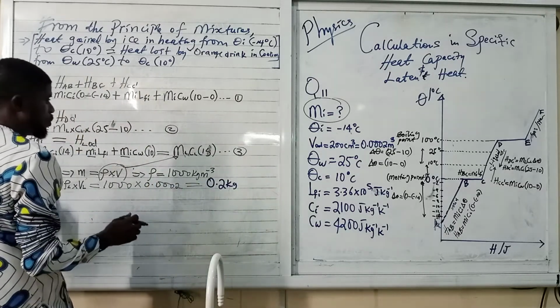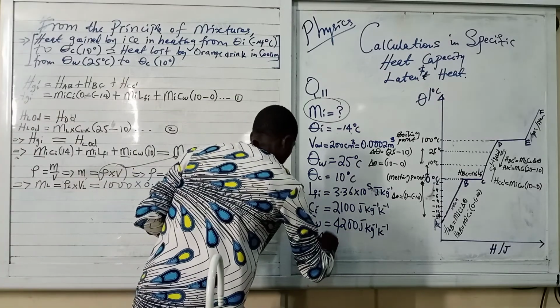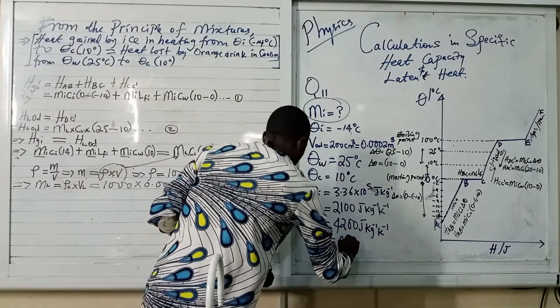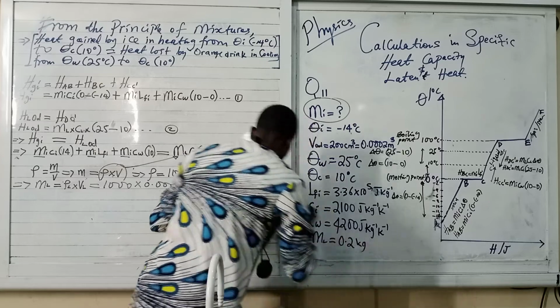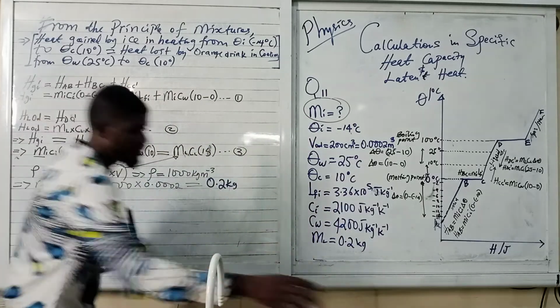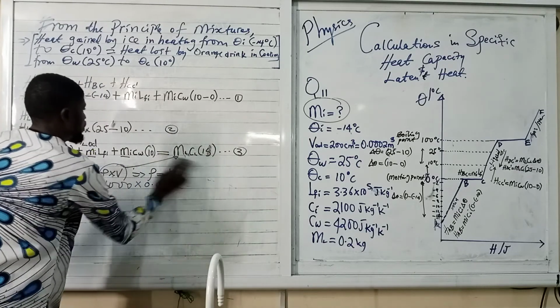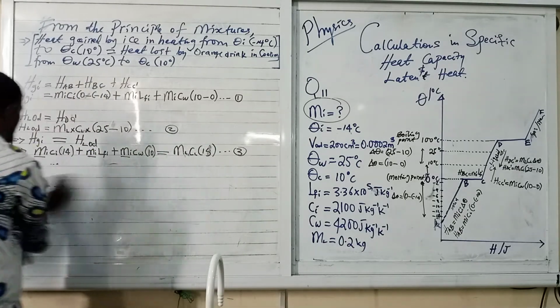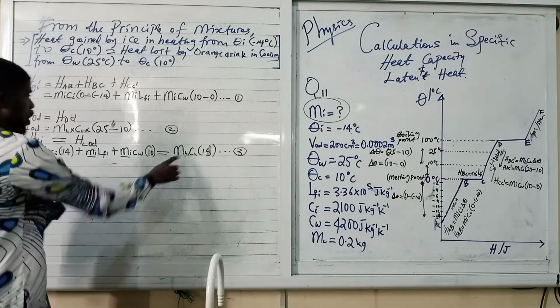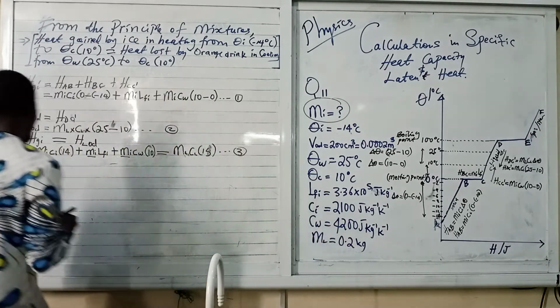That is the mass of the liquid. So come back here. Mass of liquid is given as 0.2 kilogram. Because of space, let me quickly clean this. So the mass of liquid is 0.2 kilograms. So we are good to go now.